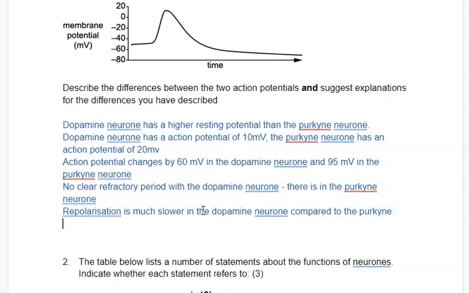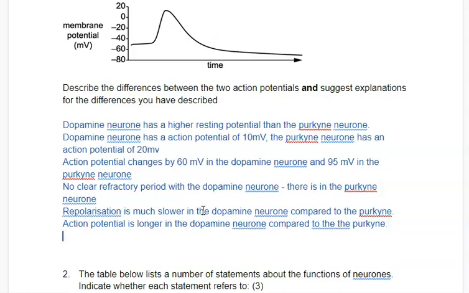Okay, and I'm also going to put here that the action potential is longer in the dopamine neuron compared to the Purkinje. So I've got loads and loads of different answers there showing that I can recognise the difference between each one of those action potentials. Students lose marks there really because they only pick one half of it and don't give the other side.